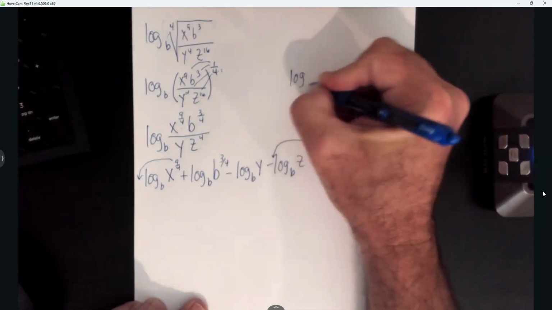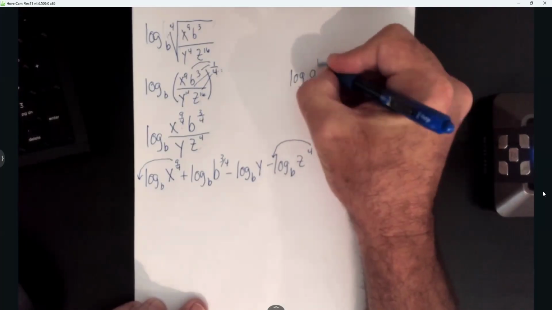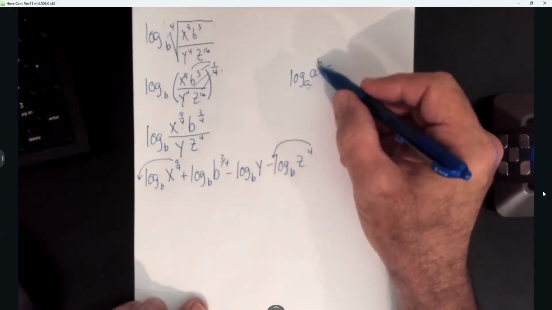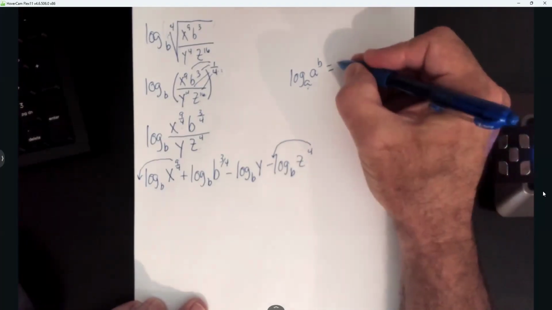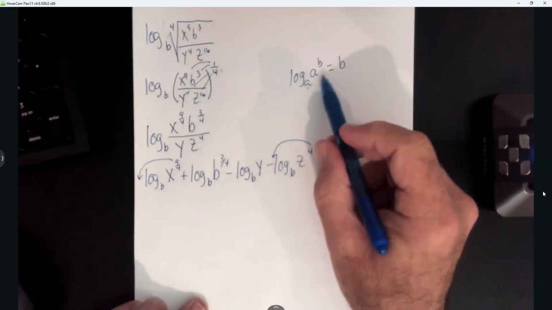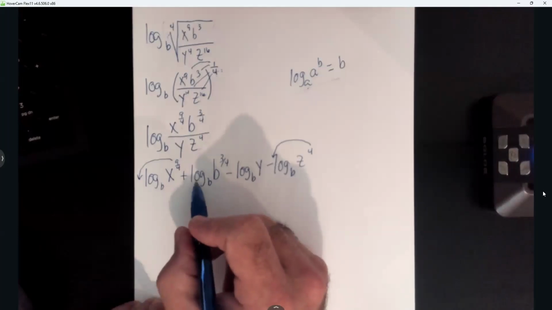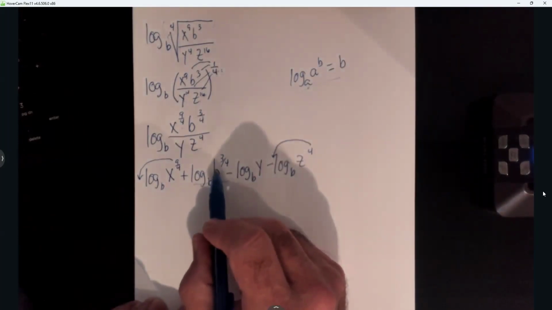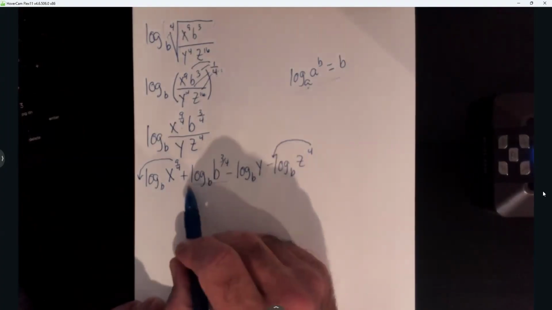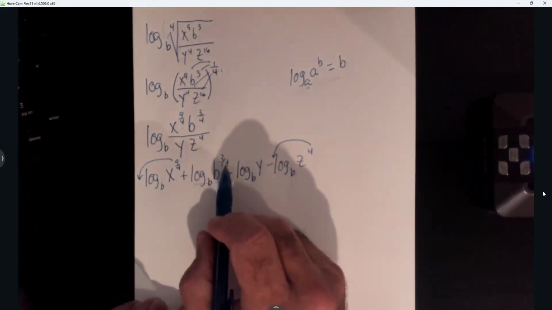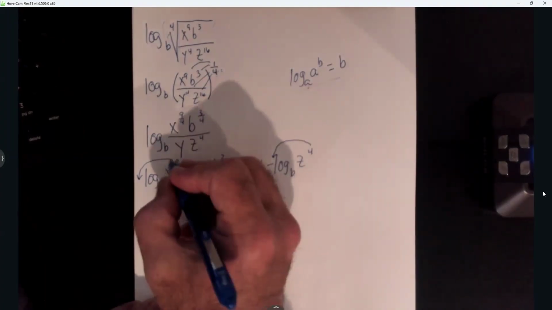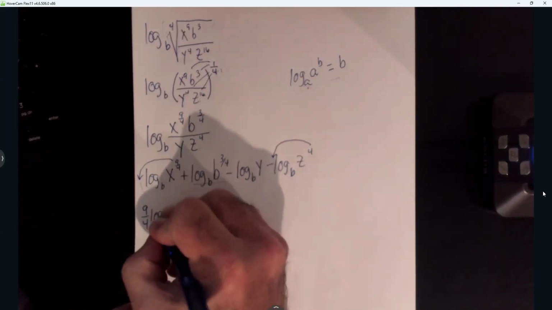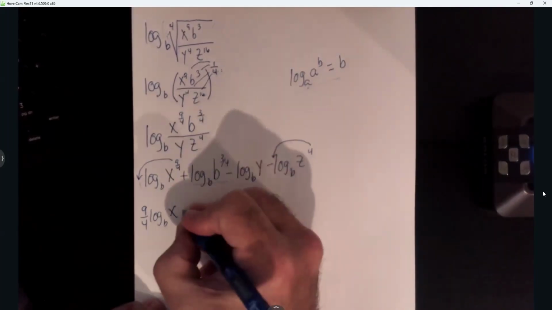We had a little property that said if the log base matches the base raised to an exponent, the exponent is the answer. This property applies right here. You got a log b of b to the 3/4. This whole thing is going to equal 3/4. So bringing this exponent down, you got 9/4 log b of x.